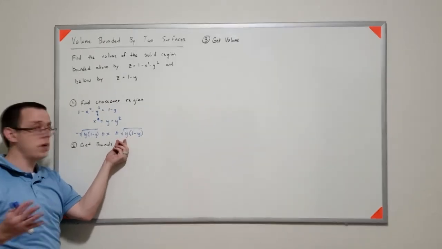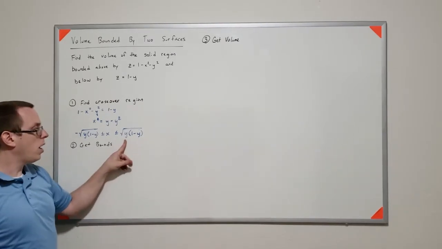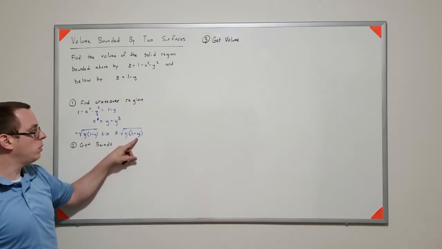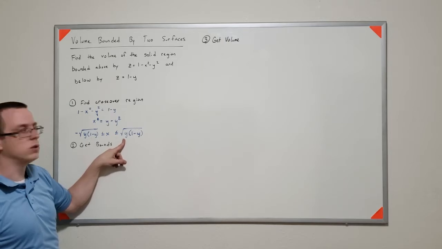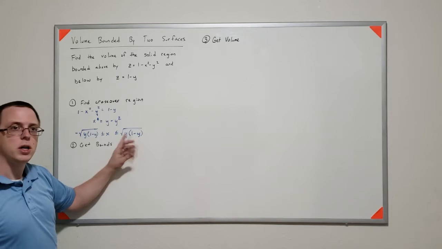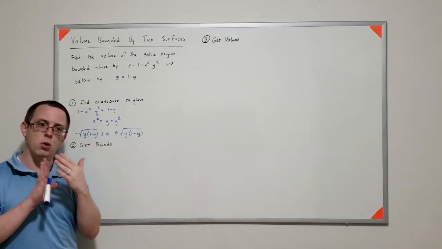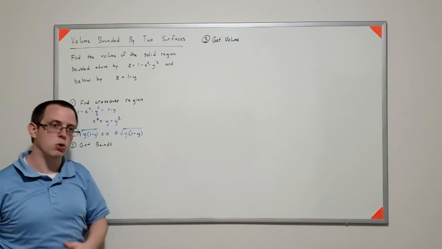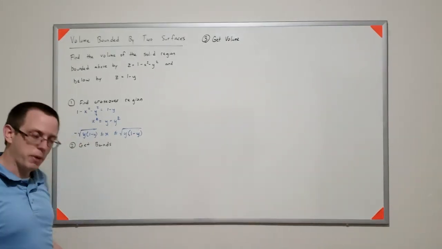So y can be 0, not a problem, and y can be positive, but it can't be larger than 1. If y is equal to 1, this whole thing falls out as well. But if y were like 2, this would be 2 times a negative number. So what that tells me is y can only go up to 1, but it also can't go below 0. So that gives us information on the bounds.